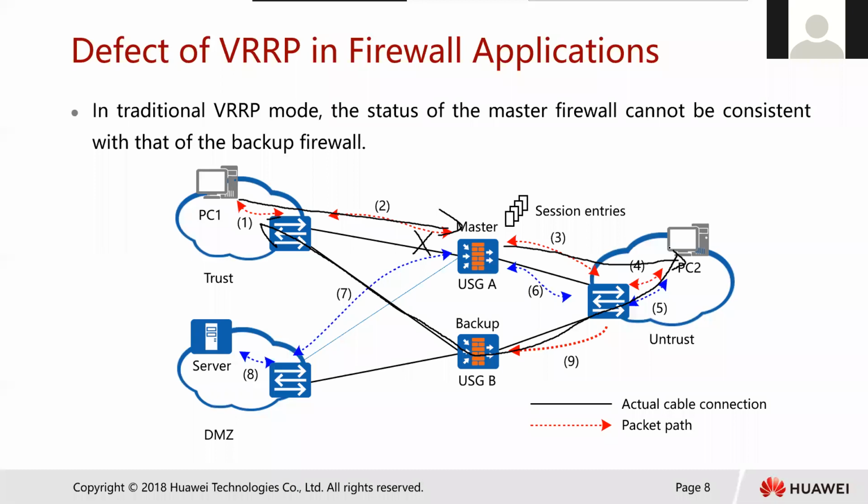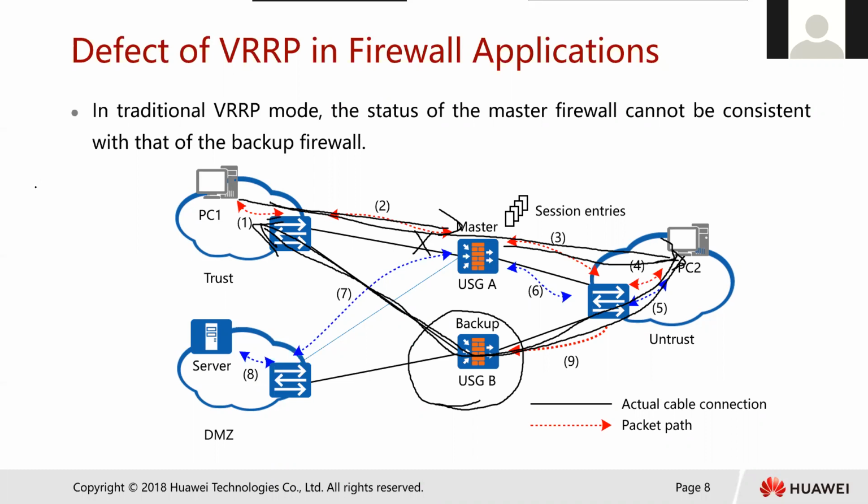When PC1 sends a packet to PC2 using this way, and PC2 replies by this way, the routes differ. But there comes a problem: USGB doesn't have the same session as USGA.